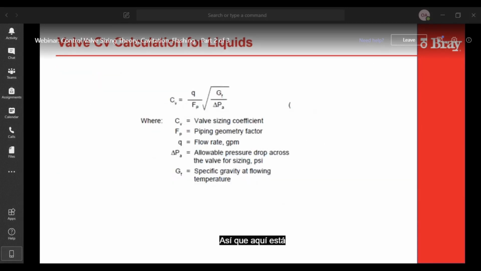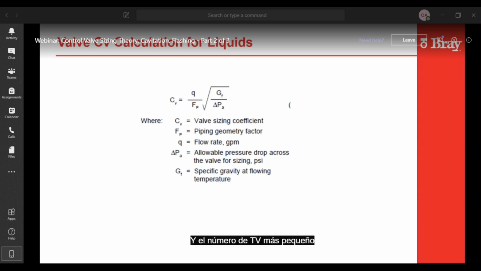So here's the formula for CV, and there are other formulas, but we'll start with this one. This is a basic formula. You have your specific gravity, which we'll define in a few minutes, over your differential pressure, square root of that, times your volume, how much flow in gallons per minute you're going to pass down the pipe. And then there's a piping geometry factor, which typically comes into effect. The more pressure drop you take, the smaller the CV number becomes.